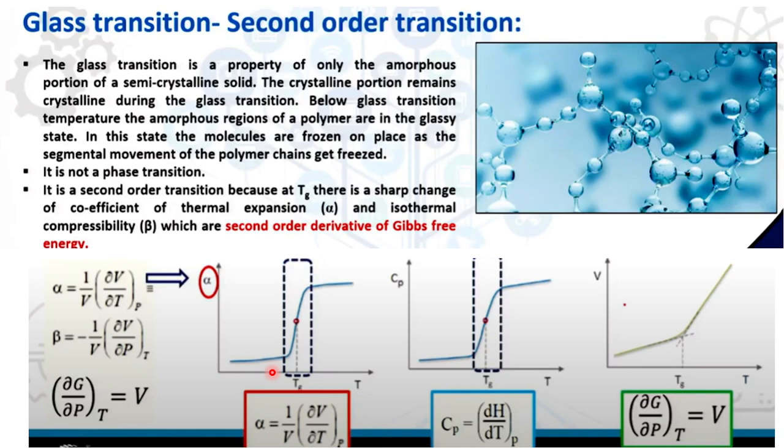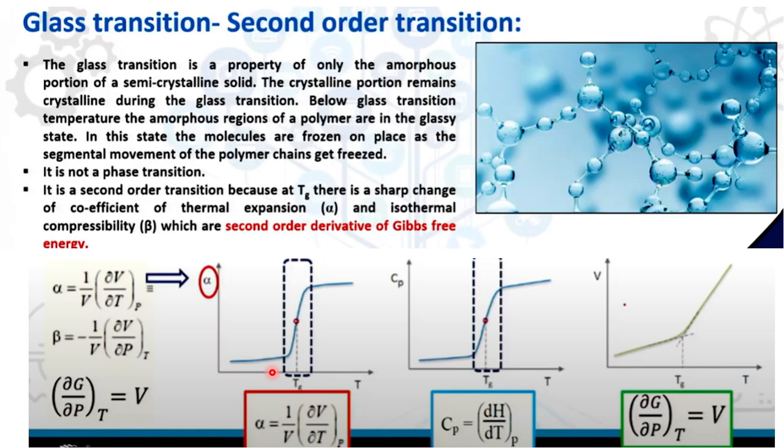Below glass transition temperature, the amorphous regions of a polymer are in the glassy state, and in this state the molecules are basically frozen. The segmental movement of the polymer chain is frozen, and there is no segmental motion below the glass transition temperature.